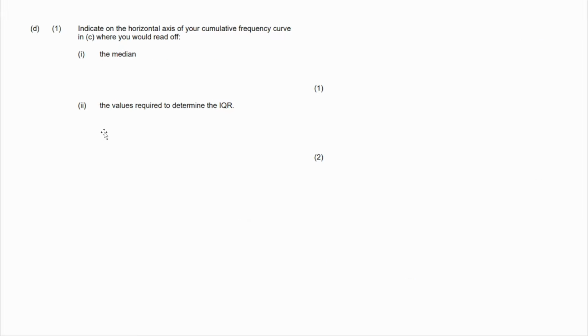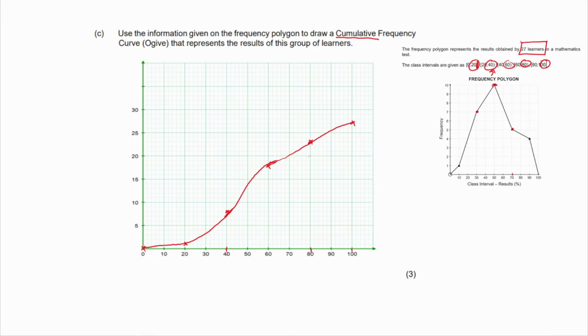Now for D1, they say indicate on the horizontal axis of the cumulative frequency curve where you would read off the median. So we have to indicate on this graph where we would find the median. The position of the median, Q2, is the number in our sample plus 1 over 2. That will be the position. So we have 27 learners. We add 1, it's 28. 28 over 2 is 14.